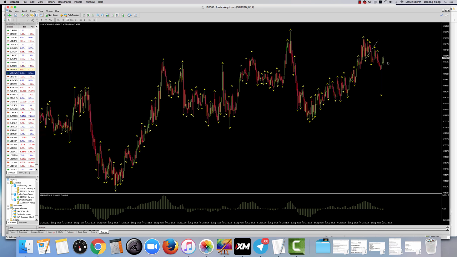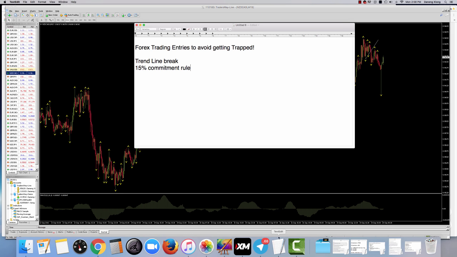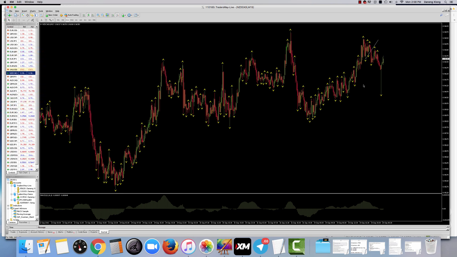And then let me go over the second part, the 15% commitment rule. What this one does is allow you to, again, avoid getting trapped in the market, and at the same time sometimes even get a better entry by using this 15% commitment rule. And basically what that is, I'll show you here.